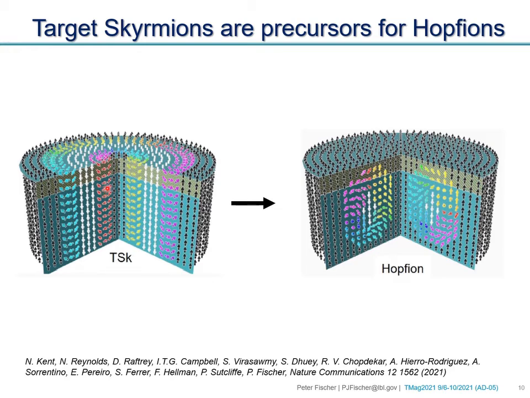And we said, well, we have various magnetic X-ray microscopies that should allow us to probe either the surface region or go all the way through, and then just combine those two images and compare them, and we should be able to distinguish the Hopfion from the target skyrmion. This is what we've done.